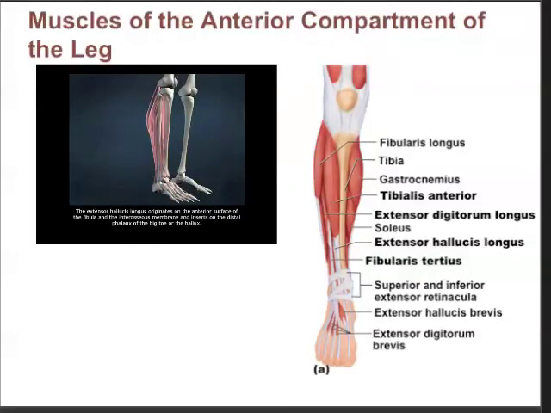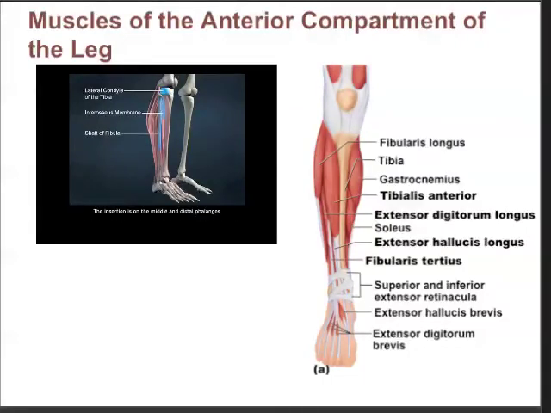The extensor hallucis longus originates on the anterior surface of the fibula and the interosseous membrane, and inserts on the distal phalanx of the big toe, or the hallux. The extensor digitorum longus originates on the lateral condyle of the tibia, the interosseous membrane, and the shaft of the fibula.